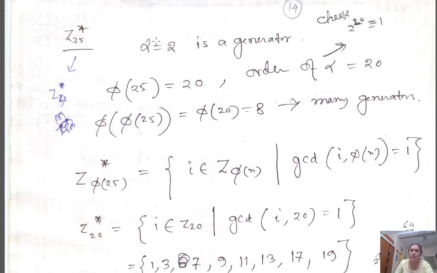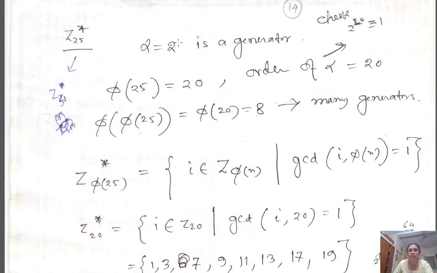A generator of Z25 star has order phi 25, and the group has phi n elements. So phi of 20 is 8. It means 8 generators. So one generator is given.